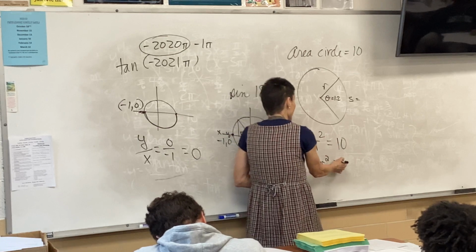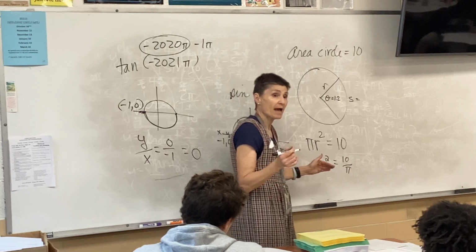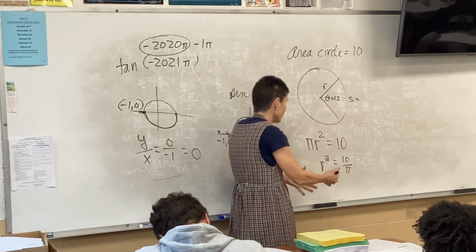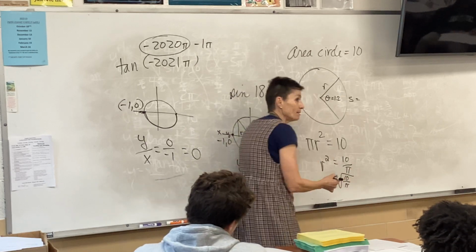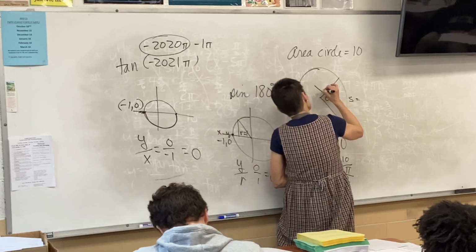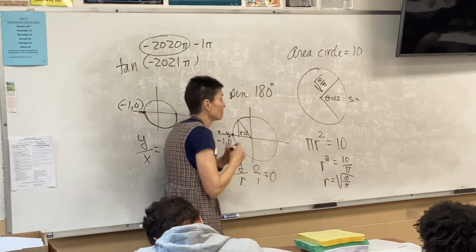So r squared is 10 over pi. Now, it says exact, so I'm not typing anything in on my calculator, I'm just going to deal with whatever. So the radius is the square root of 10 over pi. Not nice, but that's what it is.